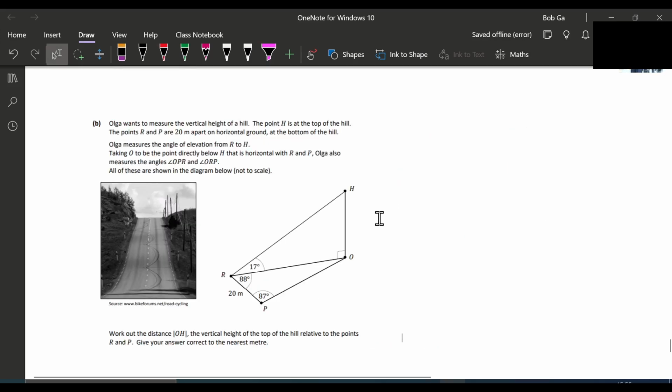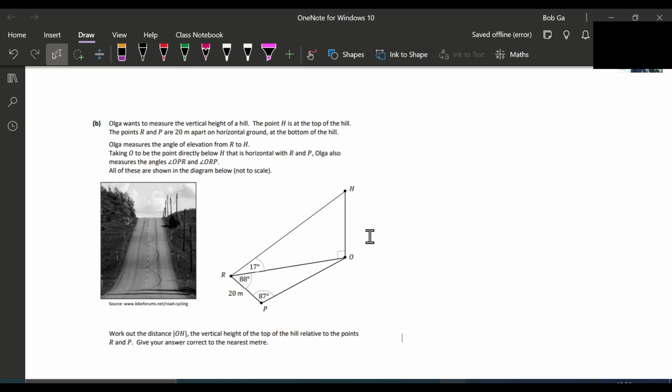So we're now in the B part of Question 7. A surveyor wants to measure the vertical height of a hill. The point H is at the top of the hill. The points R and P are 20 meters apart and on horizontal ground at the bottom of the hill.